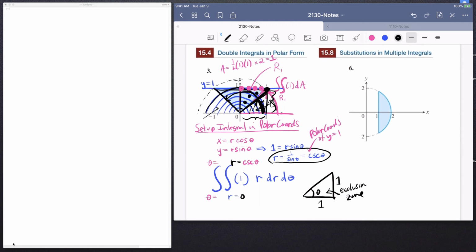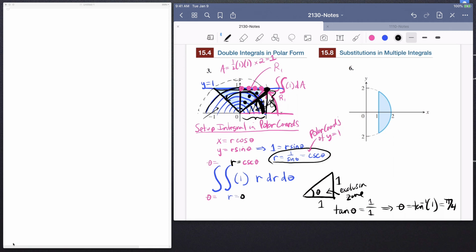From this triangle, we can see another way, a trig identity, that the tangent of theta is the opposite over the adjacent. So the tangent of theta is equal to 1, which implies that theta is equal to the inverse tangent of 1, which is pi over 4.